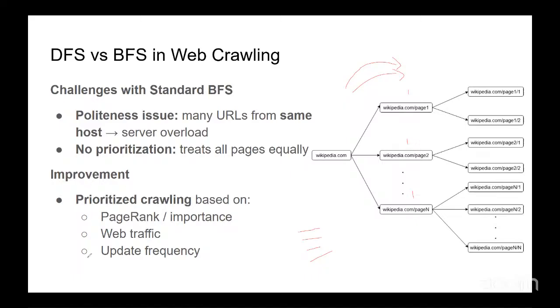So to improve this, we can prioritize the crawling based on page rank or importance, or based on the web traffic. If on this host there are already a lot of requests coming, then we will probably not send another new request to this web page.